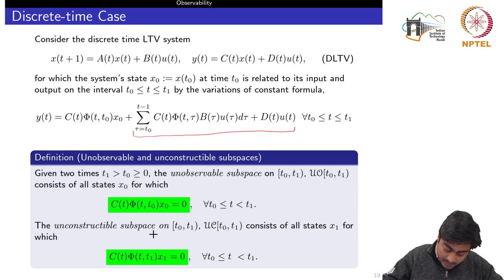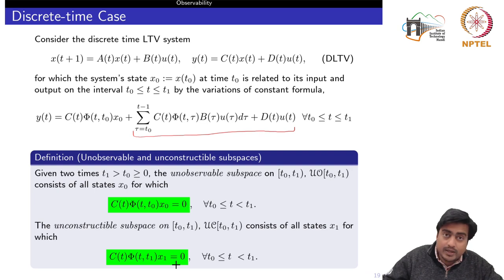Similarly, the unconstructible subspace on t0 to t1 consists of all states x1 for which this equation is satisfied. Now, between the continuous time domain and the discrete time domain, we had seen a key difference in computing the state transition matrix: in the continuous time domain we can compute the state transition matrix in both directions.